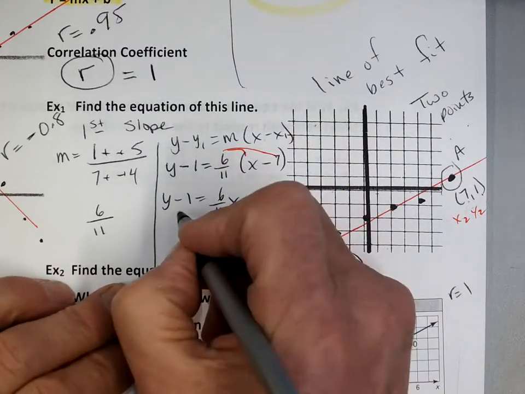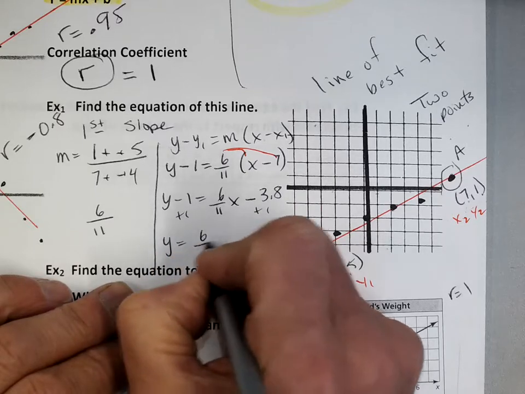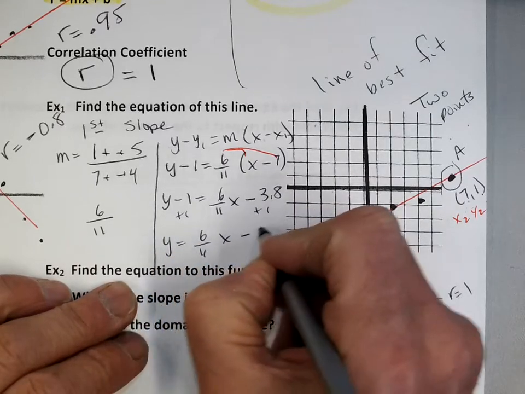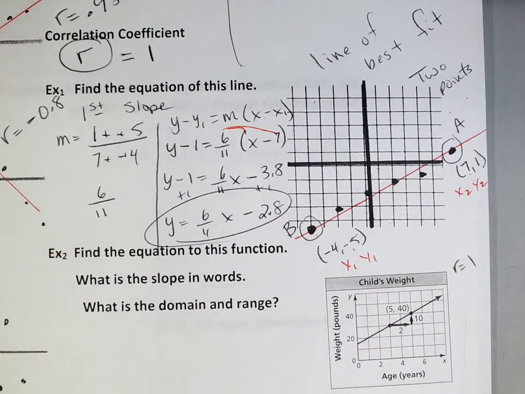And then plus 1 to solve for y. Y equals 6/11 x minus 2.8, okay? Now, is that the exact answer? No, because the points aren't perfectly lined up, but that's a pretty good answer, right? It's a pretty good answer. Okay, you guys good on that?